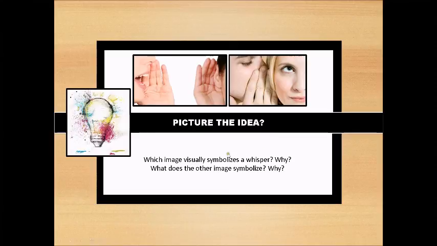Let's look at these two images. Which of these images is a whisper? And what is the other one? What are the clues in these images that provide you that contextual information? I want you to take time in your small group and discuss this.